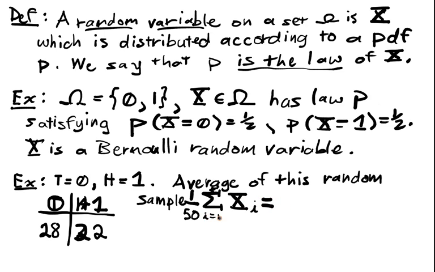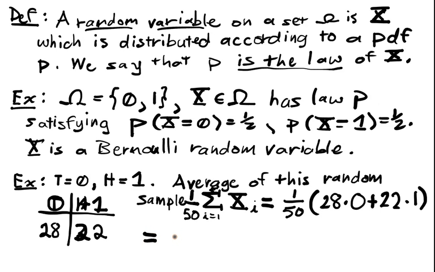I'm going to have exactly 28 zeros, so this will be 1/50 times 28 times 0, plus 22 ones. Ultimately, my sample mean is 28/50 times 0 plus 22/50 times 1, which will just be 22 over 50.